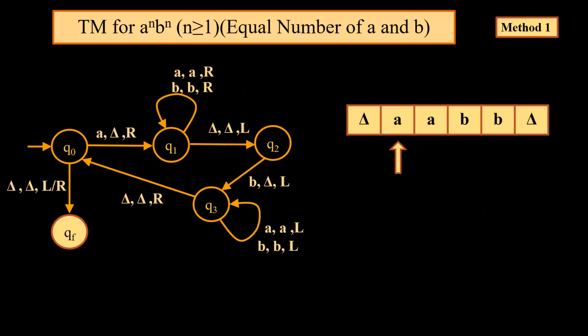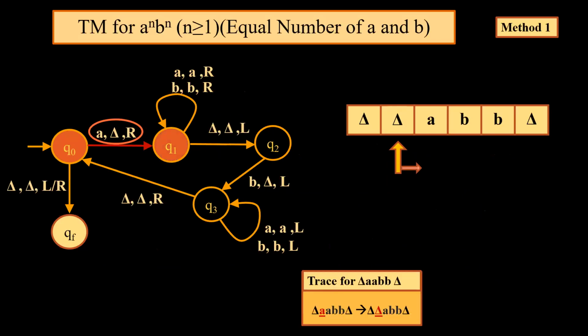So just check, this is the first Turing machine corresponding to A and B which we have drawn. We are considering this by having 2A and 2B, that is A to the power 2, B to the power 2. Now just see how this machine will function. We start with the start state, we find A, we convert it into delta and we move to Q1 state.